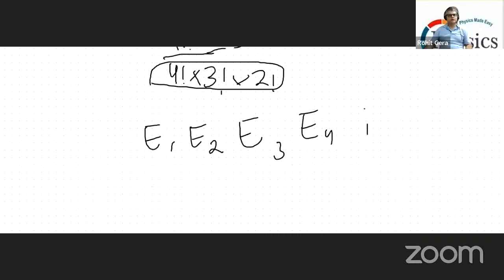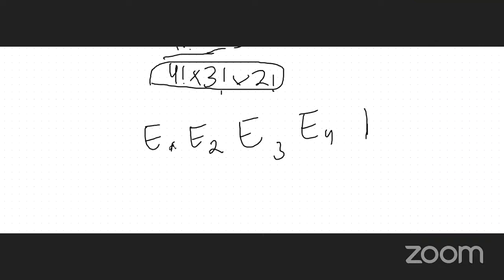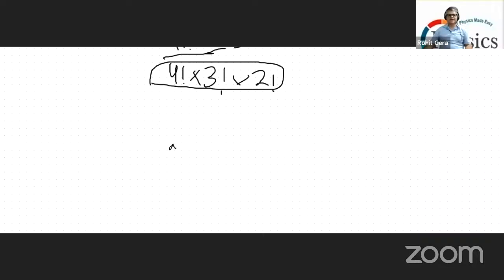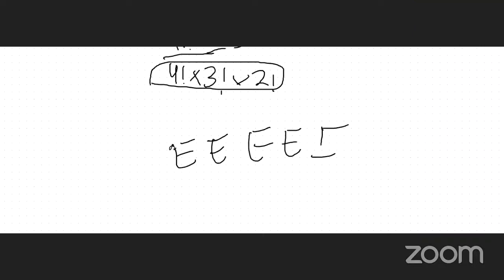You don't have to write this. Subscript is not to be written. Just write E, E, E, I. That's all. Don't write E1, E2. The moment you write that, you make them distinguishable, that this E is different from the other.